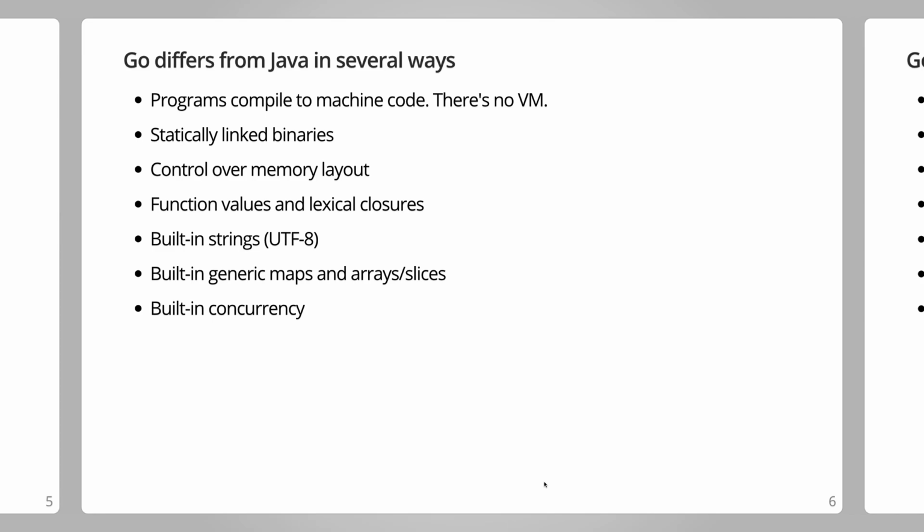It has relatively good control over the memory layout, so you can sort of control how your structs or data structures are organized in the memory, and that has some performance benefits that can be important sometimes.